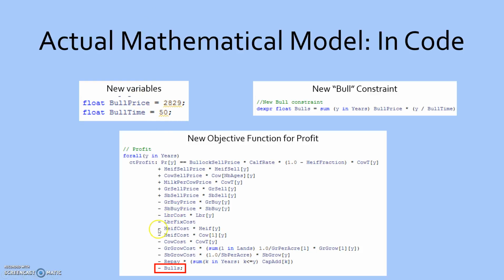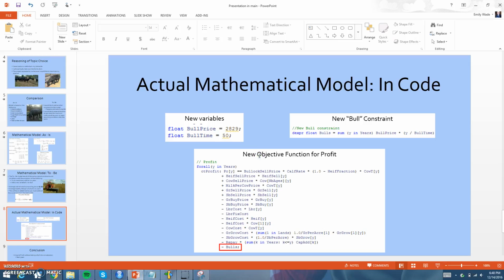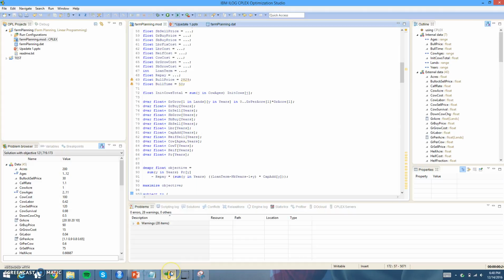And then as you can see down here, we have the constraint added into the objective function for the profit. So we subtracted the bull's constraint that we created right here. At this time, I'm going to go into OPL and just show you my code and let you check out how I did it.